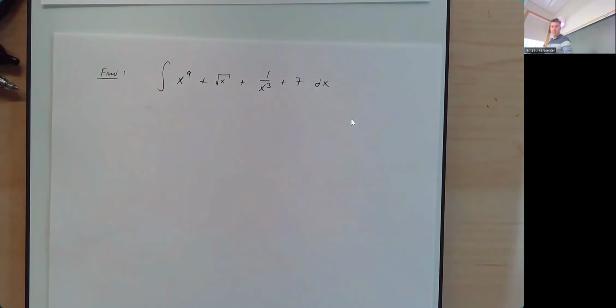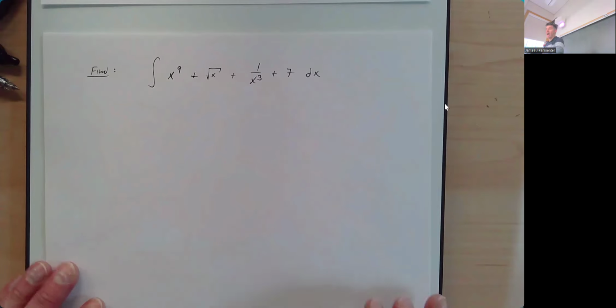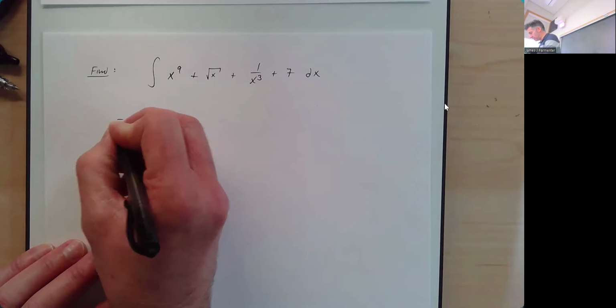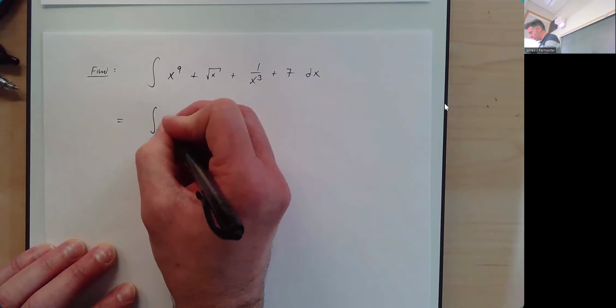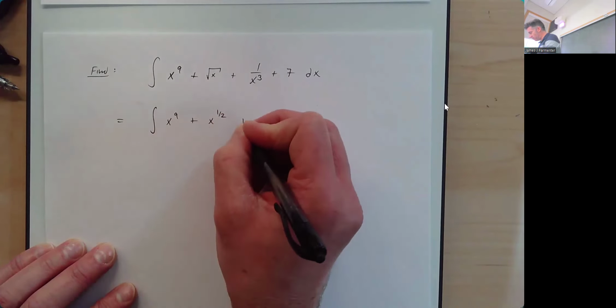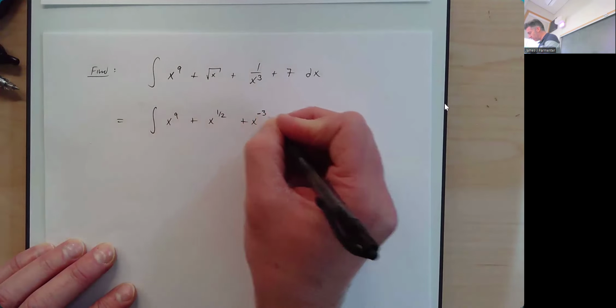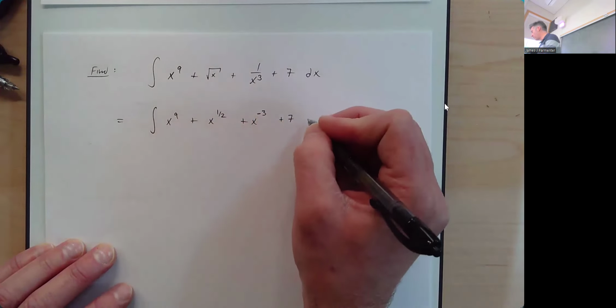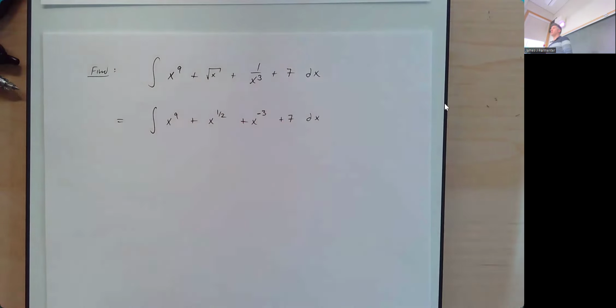And before I do this, I would rewrite it so everything looks just like x to a power. So I would rewrite this as the antiderivative of x to the 9th plus x to the 1/2 plus x to the -3 plus 7. If you really wanted to, you could write 7 times x to the 0. I don't think we need to write that.